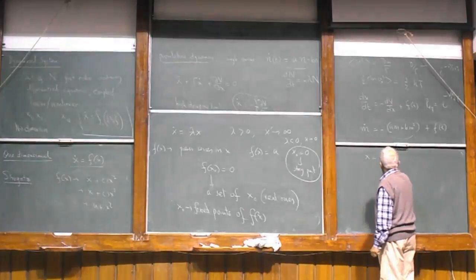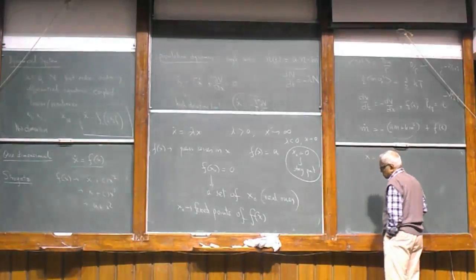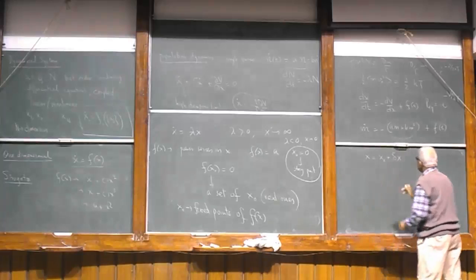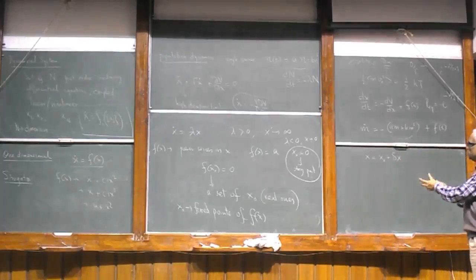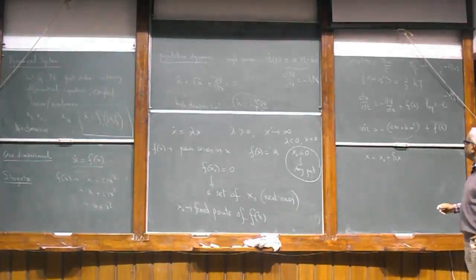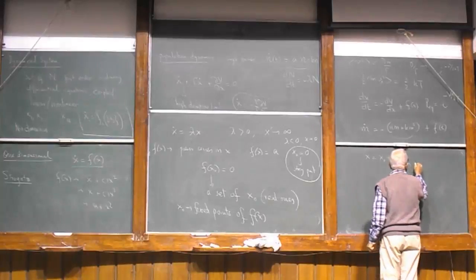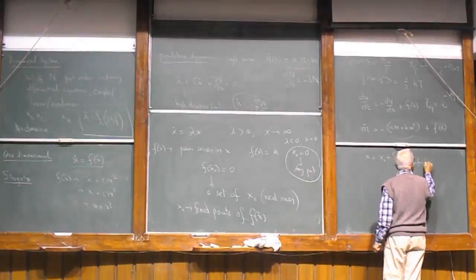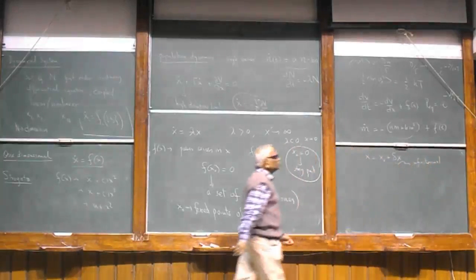Suppose I set x equal to x0 plus delta x. So I am starting out from a vicinity of x0. Delta x is infinitesimal. And I want to see what happens.